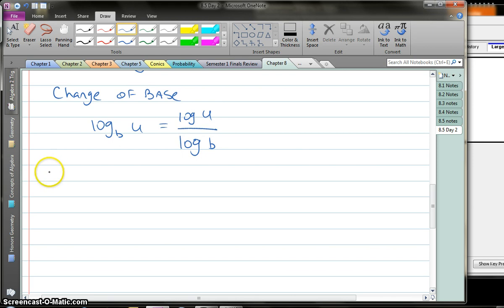So if you're using your calculator, let's say we have log base 4 of 7. In our calculator, we would go log base 10 of 7, and your calculator automatically reads the log, over log of 4. Again, base 10 is assumed.